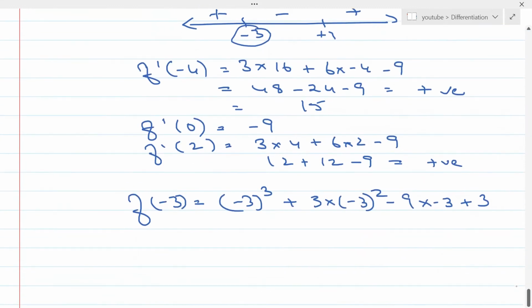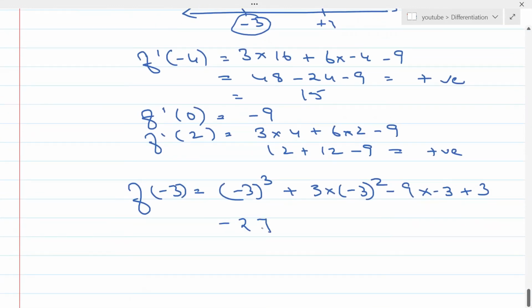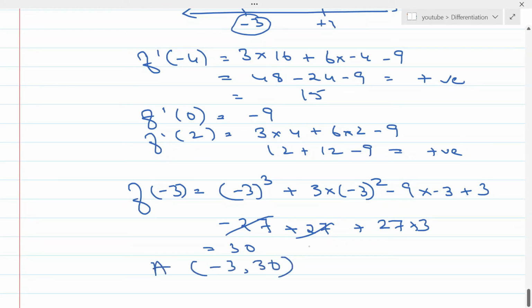So this is going to be −27, and this is going to be +27, +27, +3. So these are going to get cancelled and my value is 30. So my maximum coordinates A would be (−3, 30).